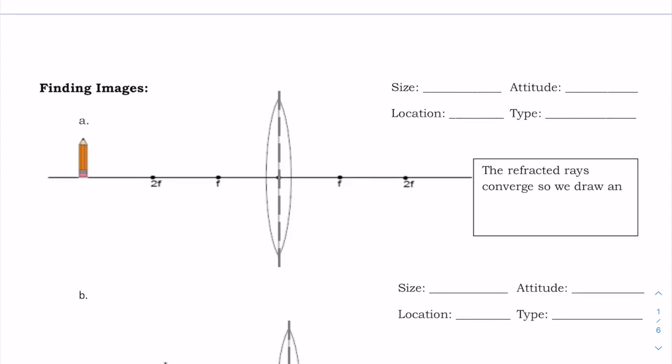Let's practice. So we have our object, which is a pencil. And to find the location of the image, let's draw those 3 rays of light. So the first one that I'll draw is a ray of light parallel to the principal axis. This one refracts and passes through the focal point.